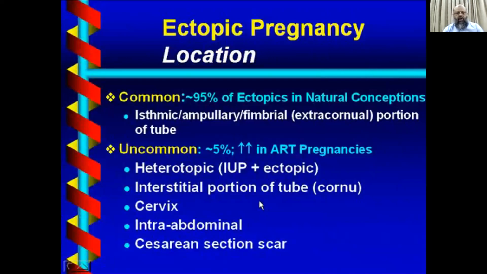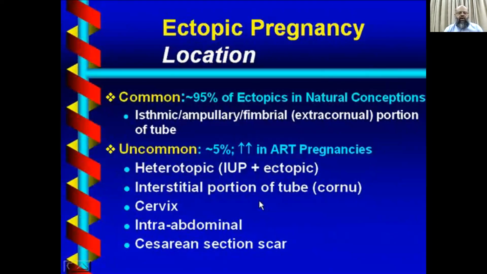Uncommon, which is around 5%, is the heterotopic pregnancy, which means intrauterine plus ectopic. So there will be a twin pregnancy, one sac lying within the uterus in the endometrial cavity, indicating a normal intrauterine pregnancy, and another ectopic pregnancy.